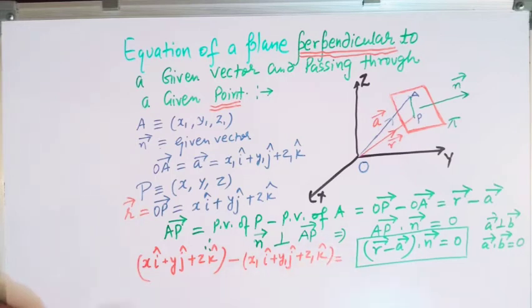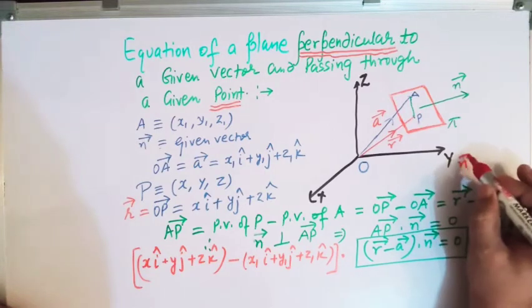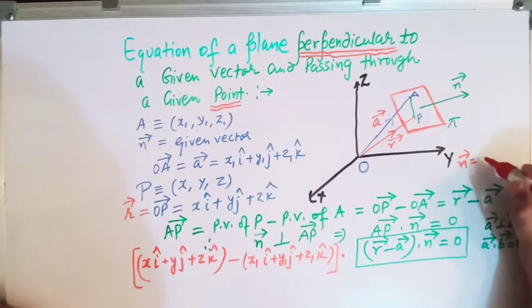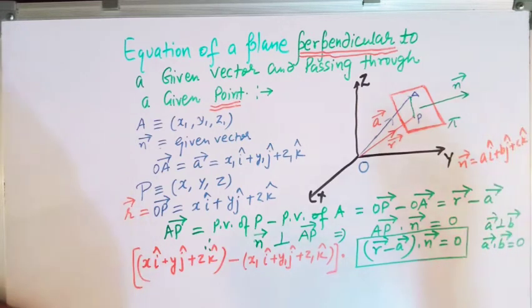And this is equal to the dot product of vector r minus vector a with vector n, and let us take vector n as ai cap plus bj cap plus ck cap, right?